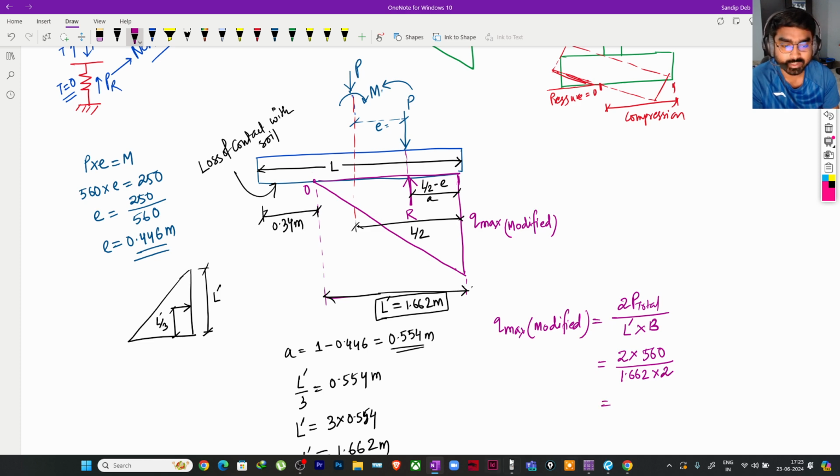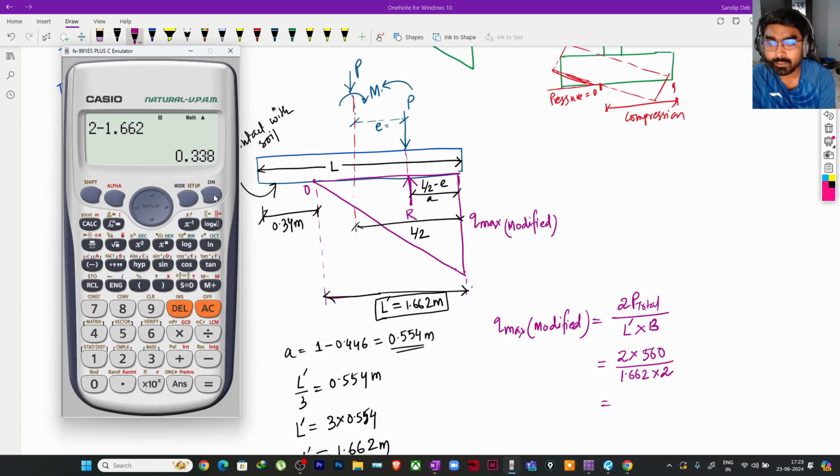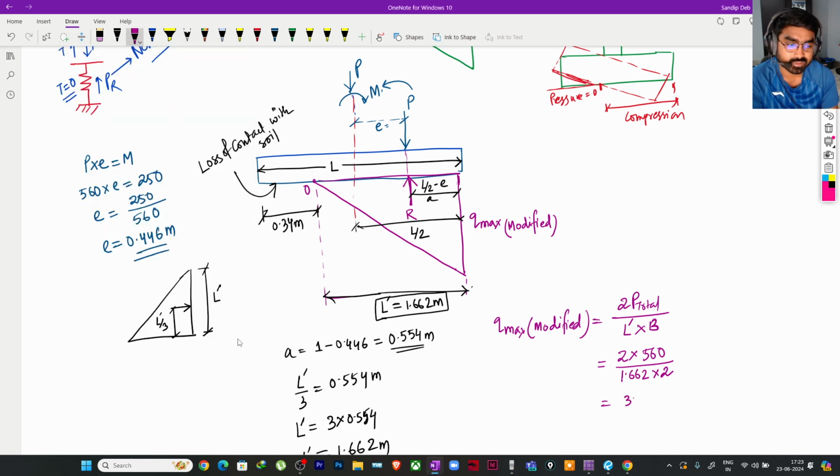So how much are we getting? 2 multiplied by 560 divided by 1.662 multiplied by 2, so we are getting a value of 336.94. So I would say 336.94 kilonewton per meter square is my Q max modified.